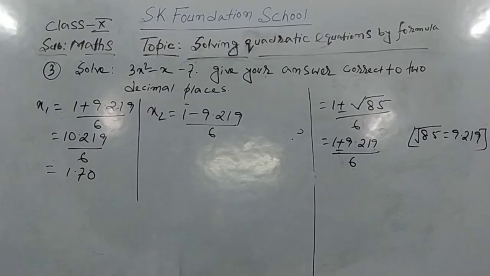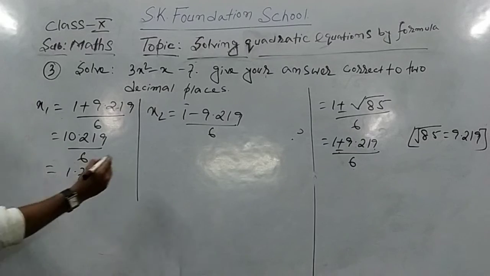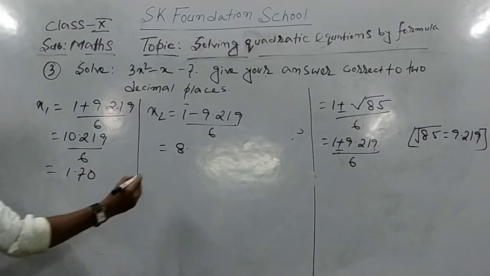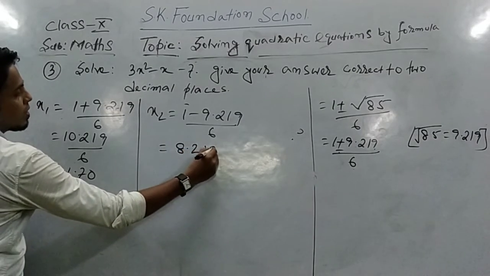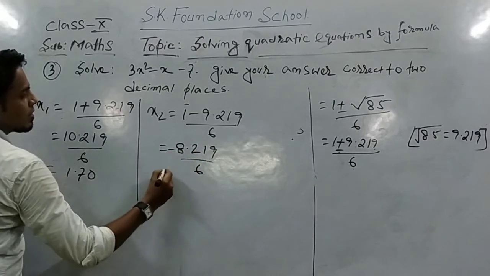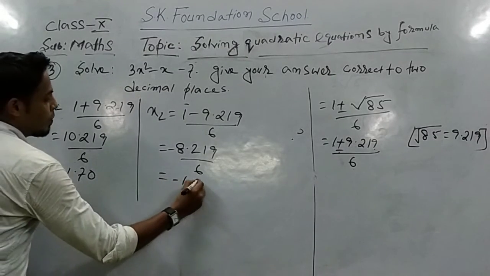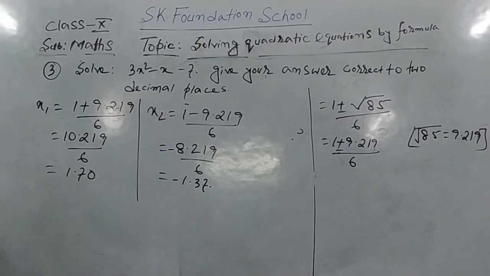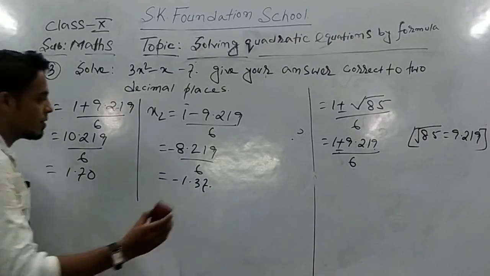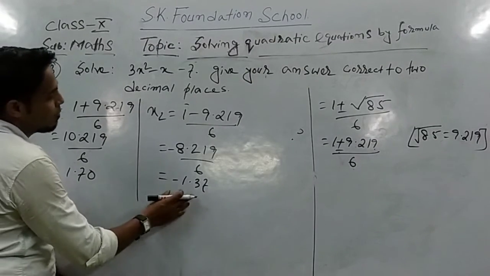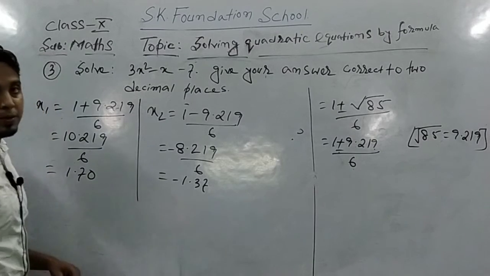And this one, minus 8.219 by 6, equals minus 1.37. So the first root is 1.70, the positive root, and the second is minus 1.37, the negative root.